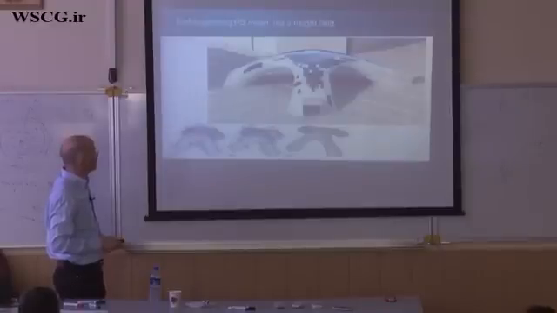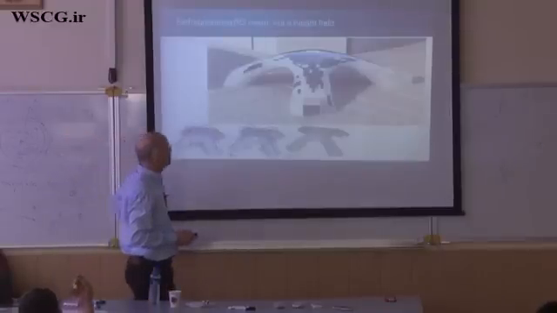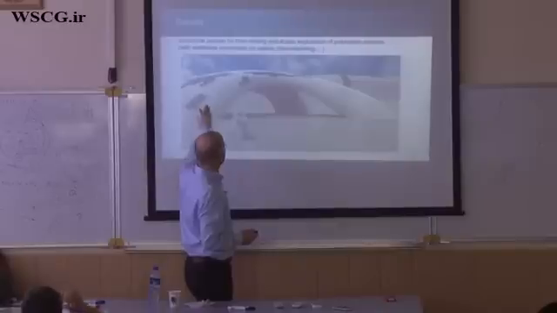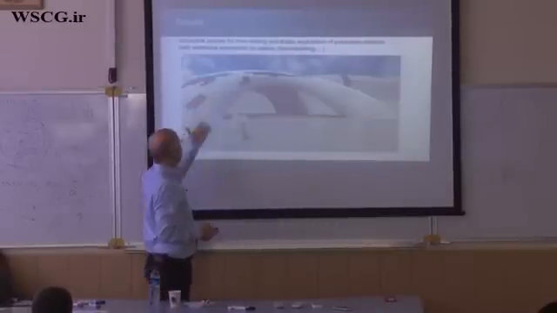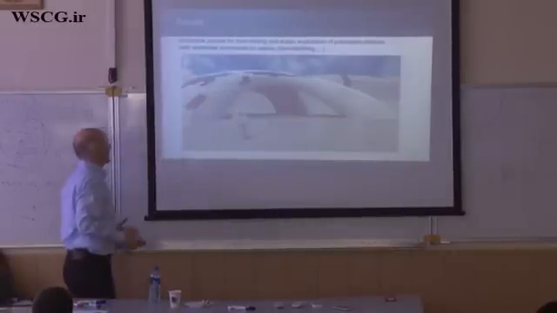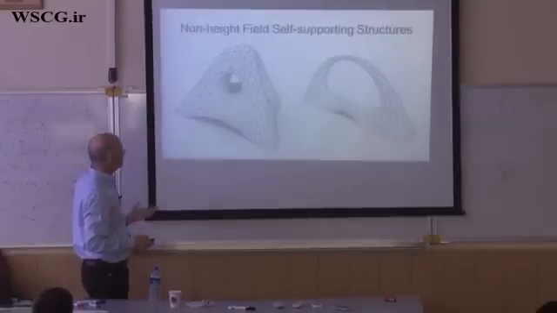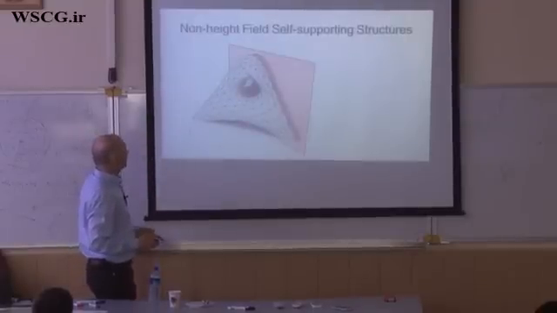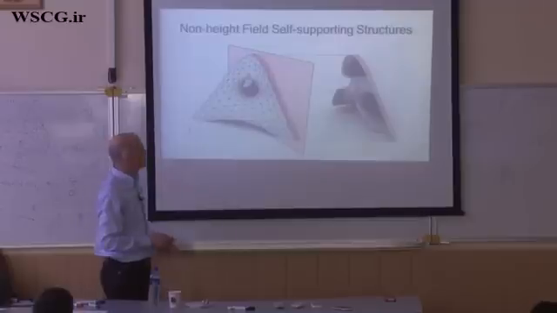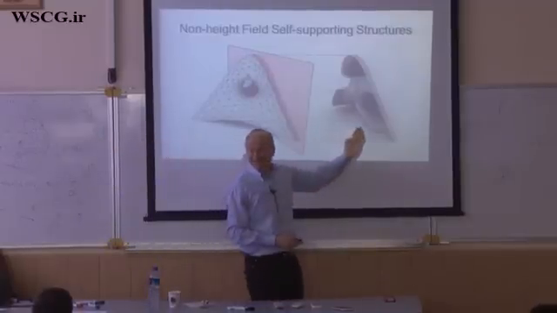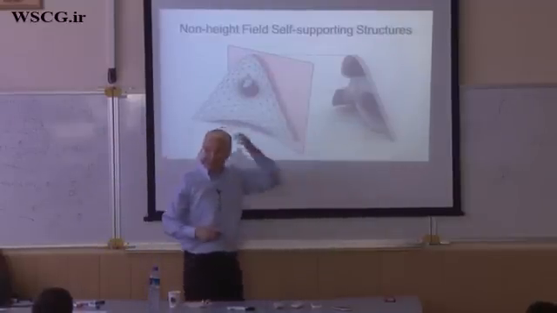I don't have it. So here are some results. I think we have seen this before. These are designs which are, for example, made by planar quads, and they are in force equilibrium. This is an interesting thing. This is also self-supporting, and it is not a height field. So this has quite a complicated topology.